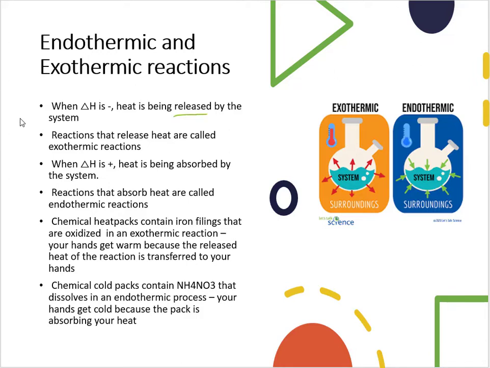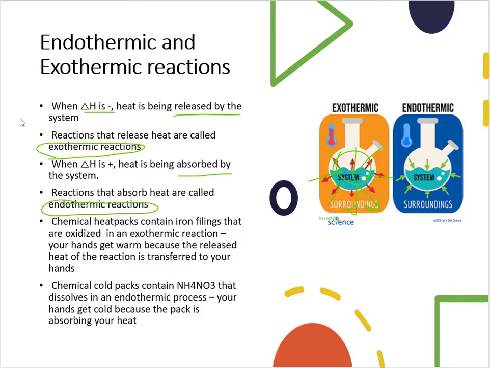When heat is released by the system, my delta H is negative, and that is an exothermic reaction. When the delta H is positive, the heat is being absorbed by the system, and that is an endothermic reaction. Here we can see the system is losing heat to the surroundings, leaving the system.